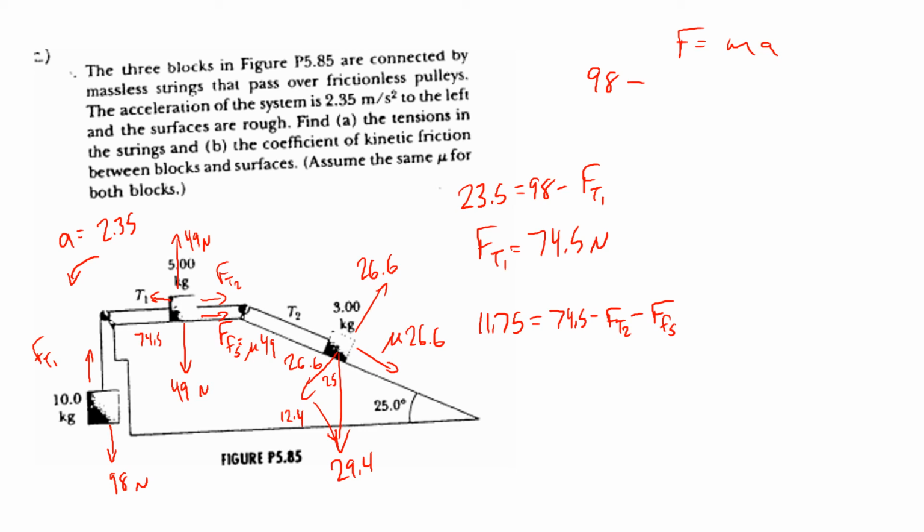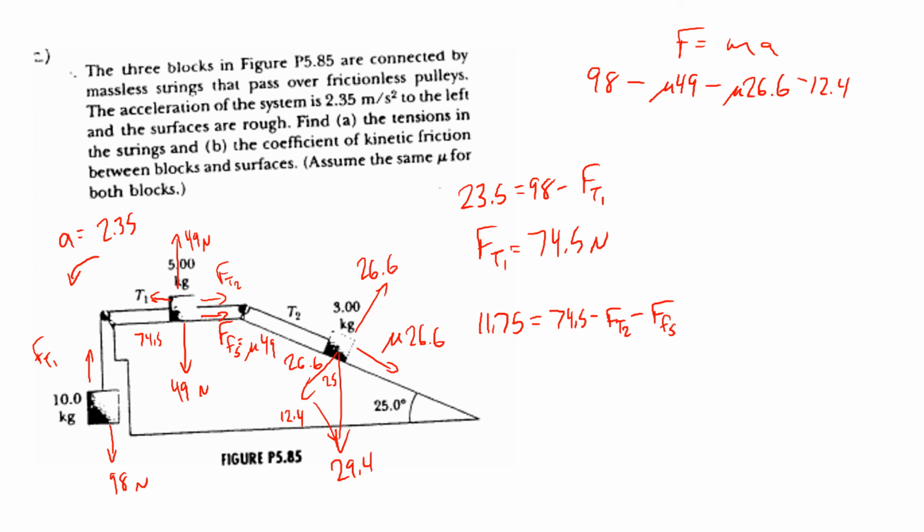And then we have a minus the force of friction 5, which is going to be mu 49. Are you okay if I just do that? Okay, and then minus mu 26.6. Right? I'm just looking at all of them, and I also have a minus 12.4.